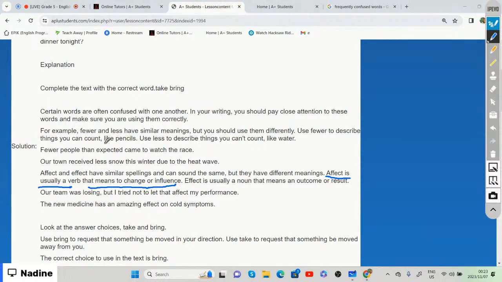And then we have effect, which is usually a noun that means an outcome or a result. For example, our team was losing, but I tried not to let that affect my performance. So what did they do? They kept on pushing and kept on performing.